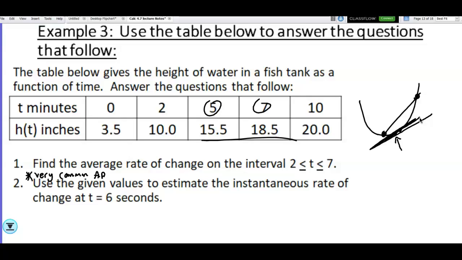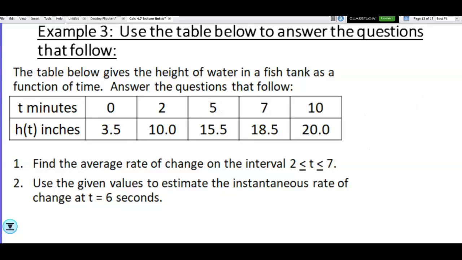So we can't actually find an instantaneous rate of change when you have a table like this. But what you can do is estimate the instantaneous rate of change at a specific time by picking 2 points that are closest to that value in the table. So they want us to use the given values to estimate the instantaneous rate of change at t equals 6.